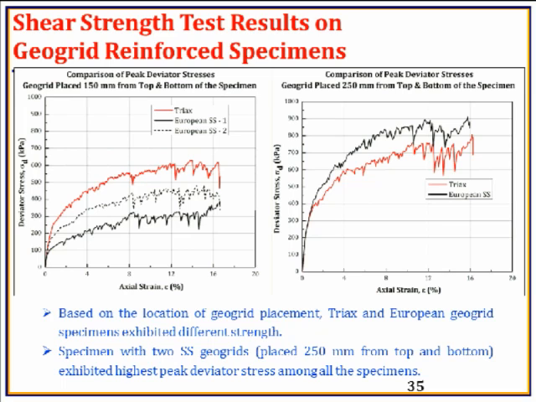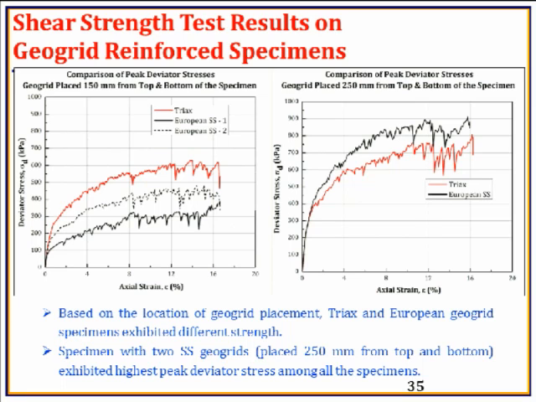And if you look at the other side, 2 geogrids placed at 250 millimeter from top and bottom of the specimen, you can see there is a significant increase in the shear strength compared to the one-geogrid specimens.